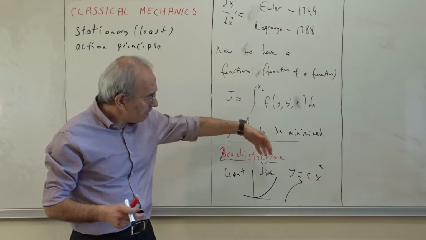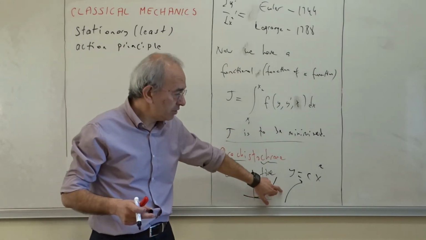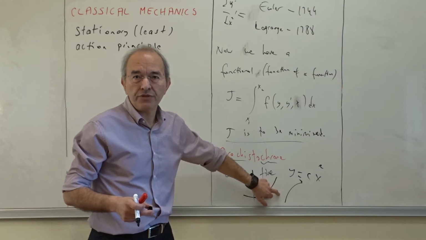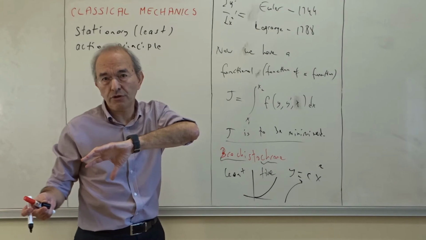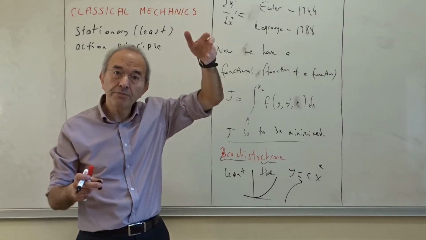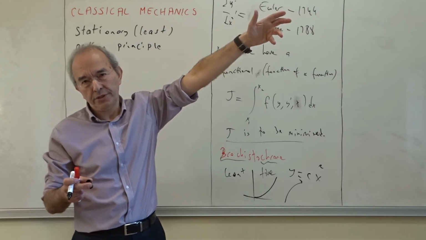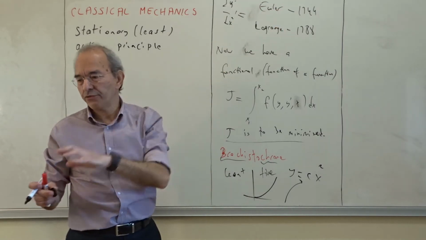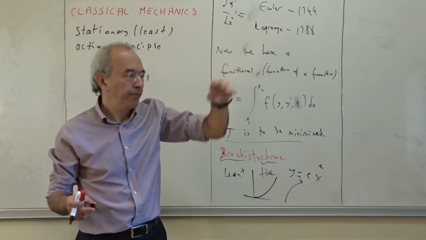There are millions of other choices for the particle, but why does it choose this very one that we see on the board, a parabola? If you change the initial velocity, it follows a different parabola and arrives at a different point. But in every case, from the beginning to the end, it follows a certain parabolic curve.